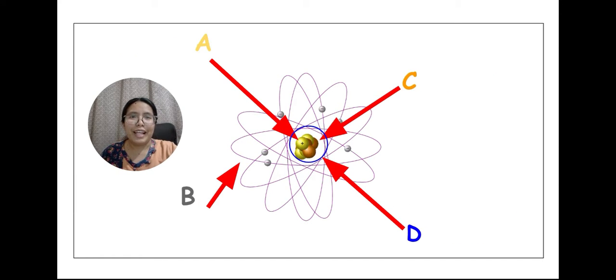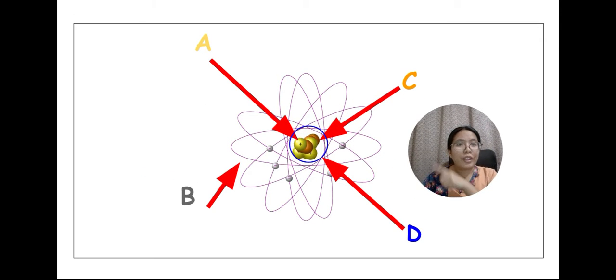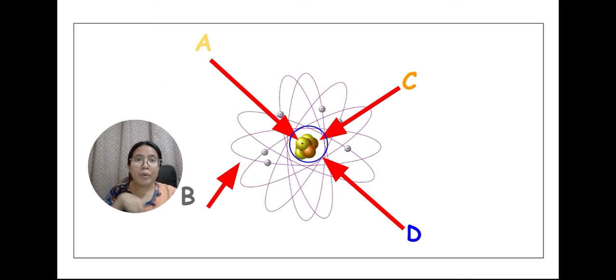Okay, so let's see kung naaalala nyo. So, itong ating atom. Ano nga po yung letter A, yung positive? Positive, ayun yung protons. Okay, so letter B. Ito naman yung magulo sa gilid na negative, yan yung paikot-ikot. We have the electrons.